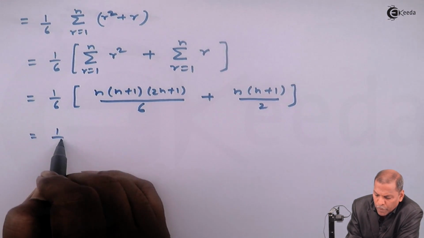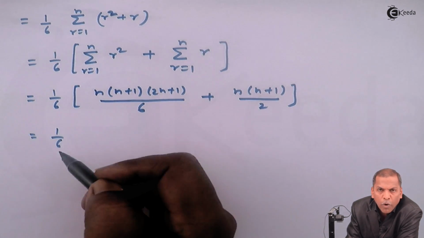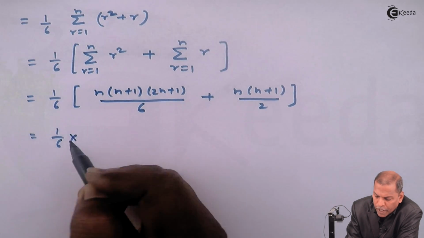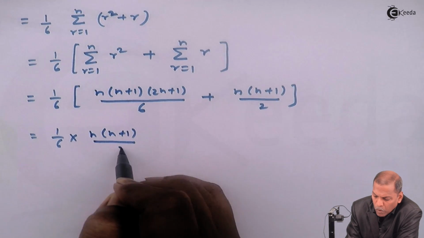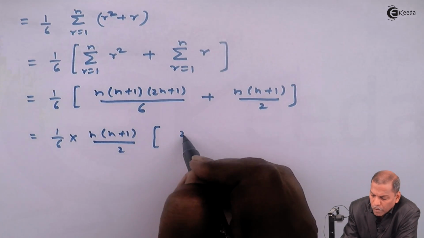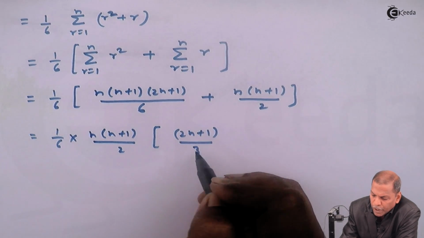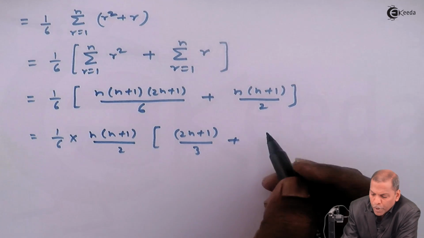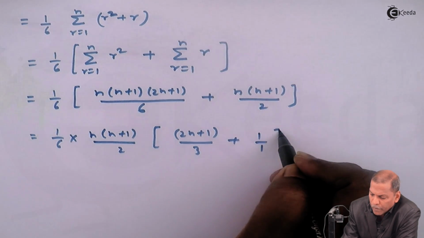So the next step will be 1 upon 6. Now from these two terms we can take n in bracket n plus 1 upon 2 common, then we get from first part 2n plus 1 divided by 3, and from second part we get 1 by 1.